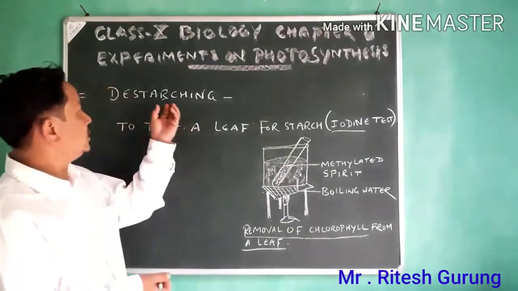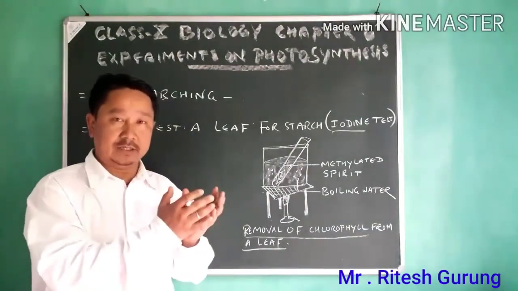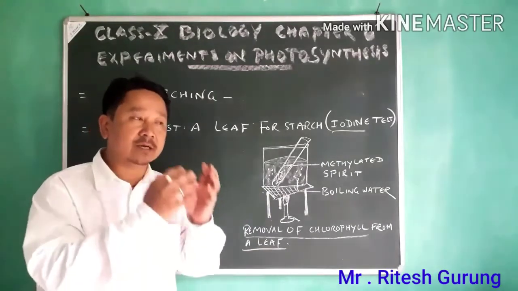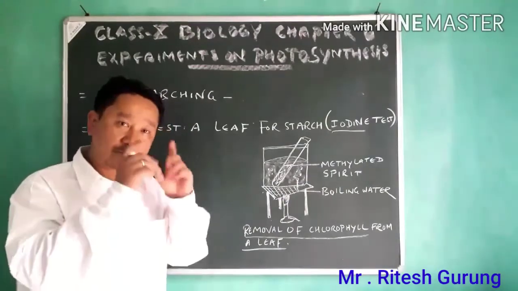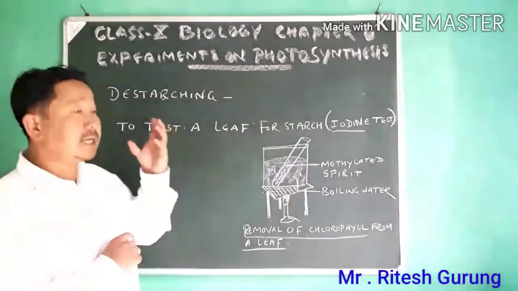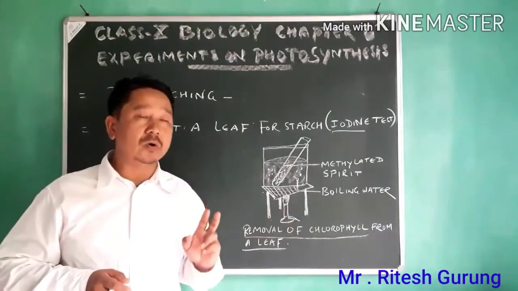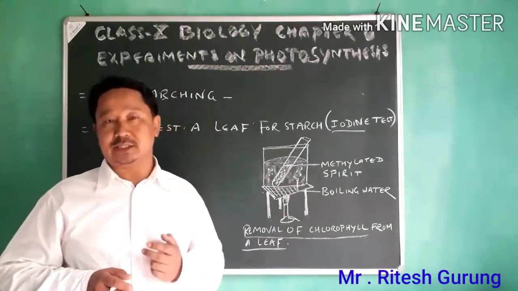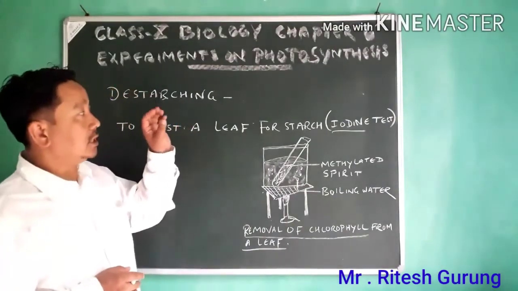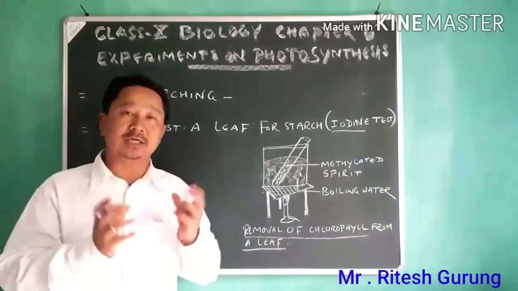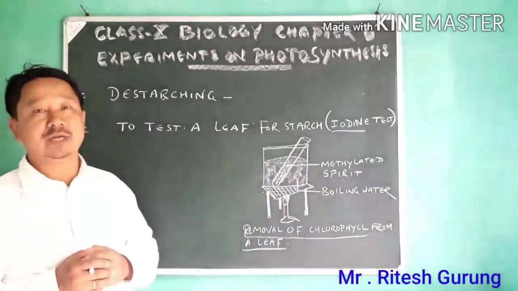We do de-starching by keeping the plant which you have taken for the experiment in a dark room or dark place for about 24 to 48 hours, that means 1 or 2 days, so that the leaves remove all the starch and store it in the different storage organs.